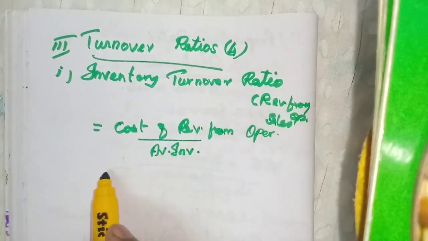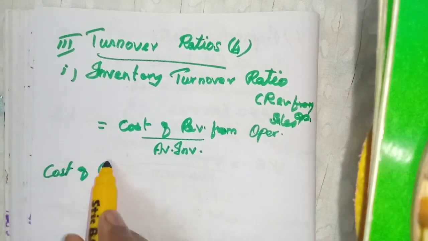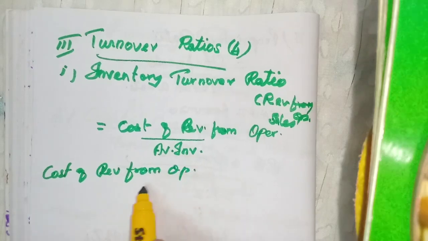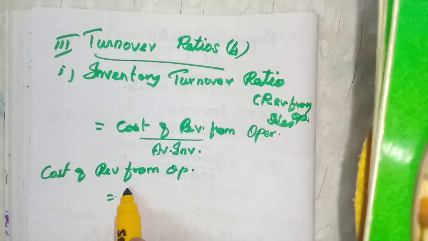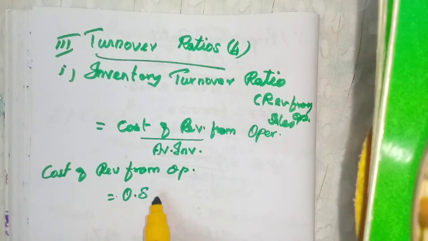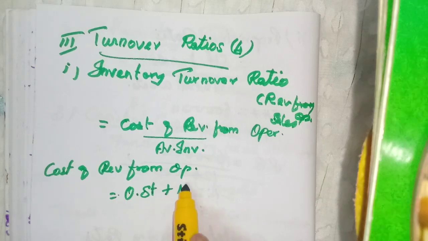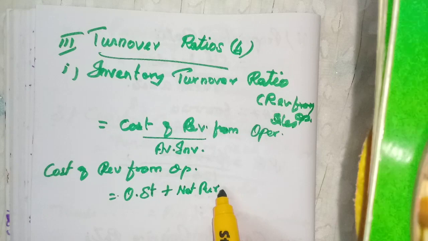Okay, already we have learned that one. Cost of revenue from operation is equal to opening stock, that means opening inventory. Add purchases, that means the net purchases. We should deduct the purchase returns.